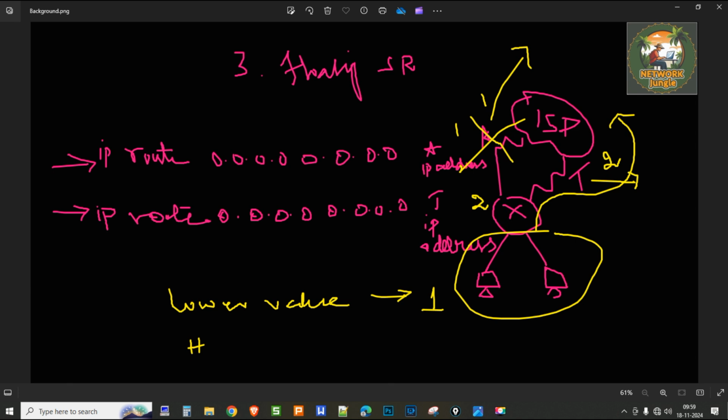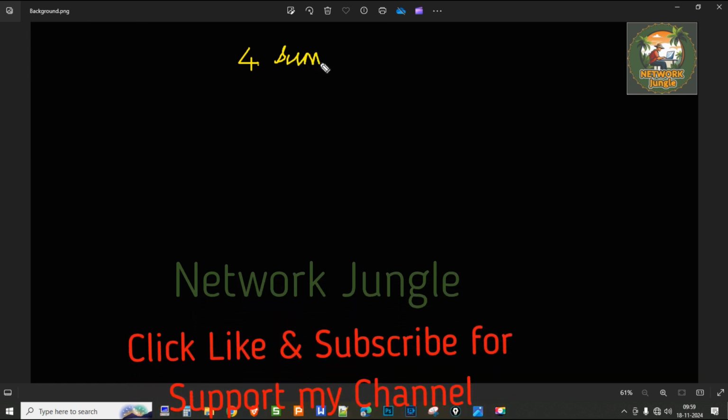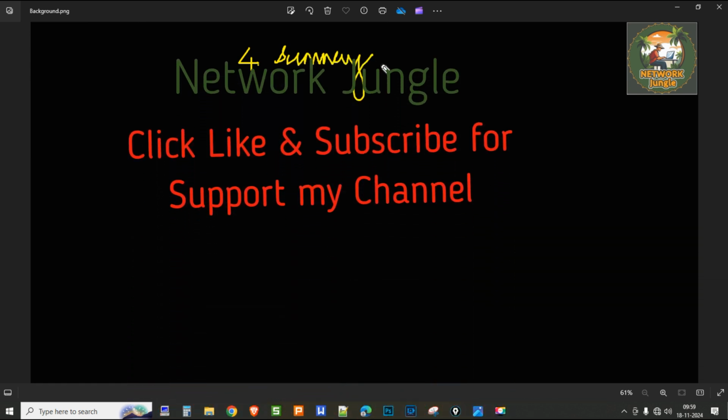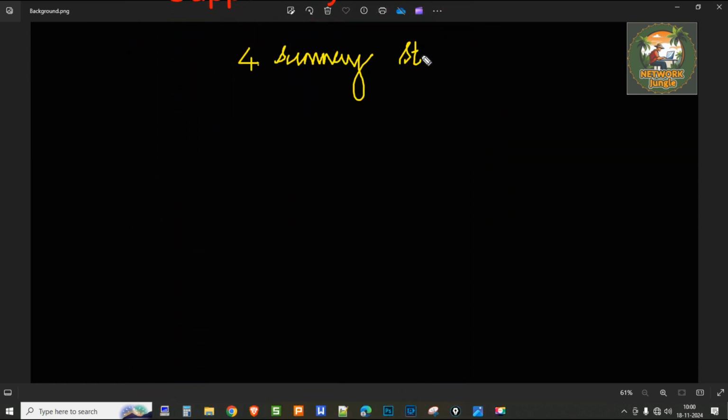Then the last one is the summary static routing. Summary static routing is nothing but it combines the static routes.